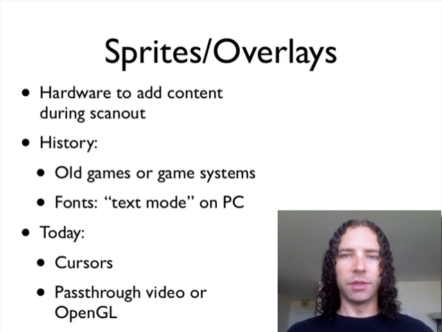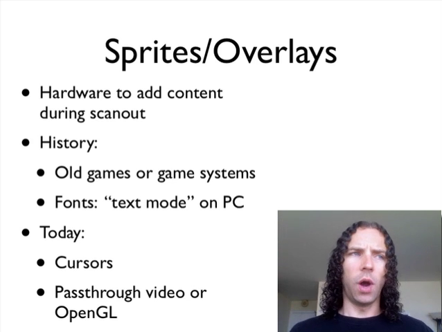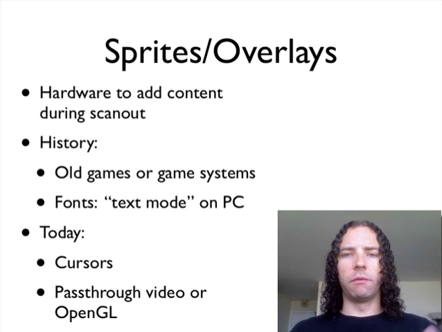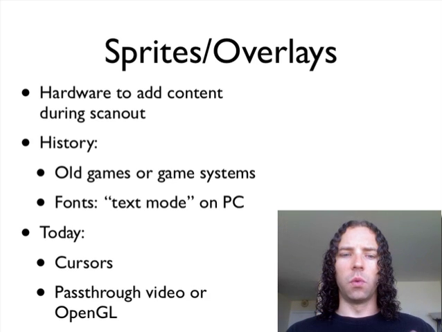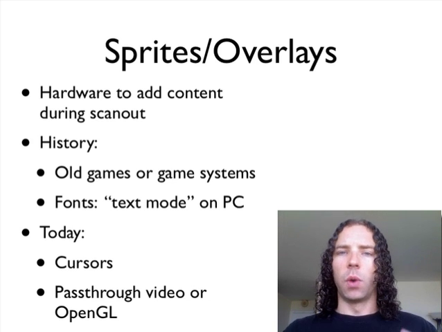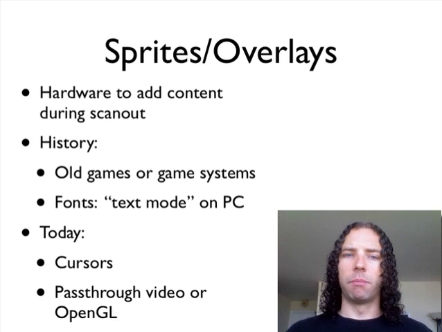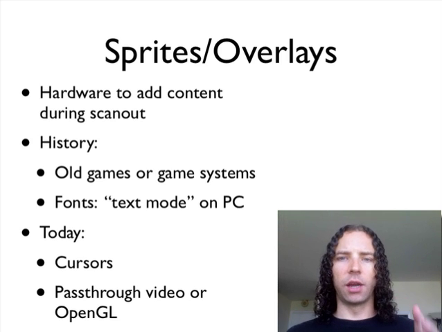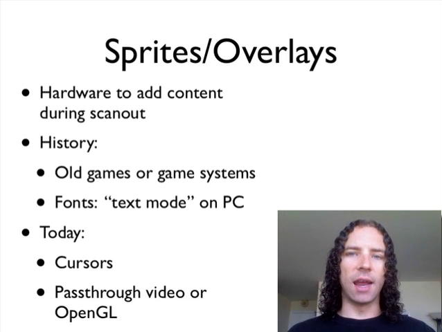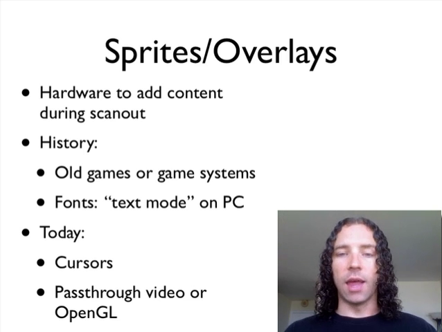The entire background is staying static the whole time. So why not just say, all right, we'll put the video somewhere else, and when we're actually doing the scan-out, we get most of the background from the frame buffer, except this one little rectangle here where we're going to put the video. So we'll actually scan out from the video there instead. That way you don't have to update the frame buffer for every frame of video.